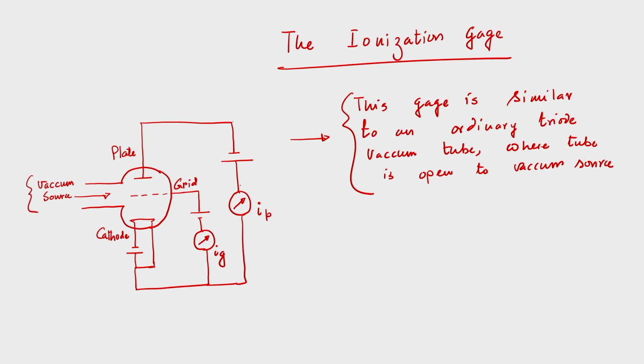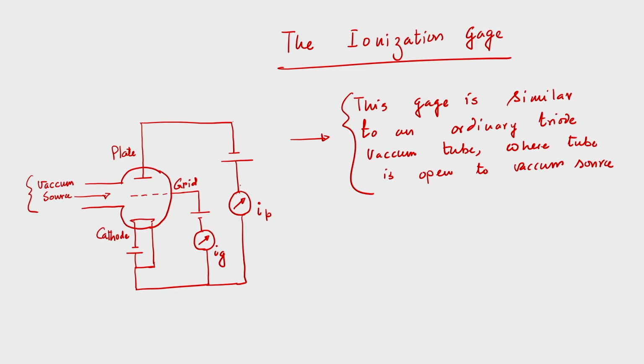So, this is a schematic of the ionization gauge, and we will discuss the steps, which are very important to measure a very low pressure while using this ionization gauge in any experiments.